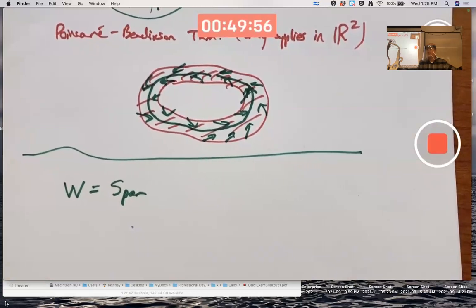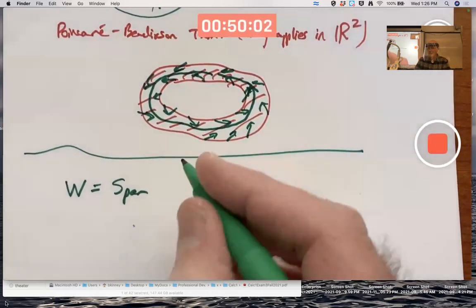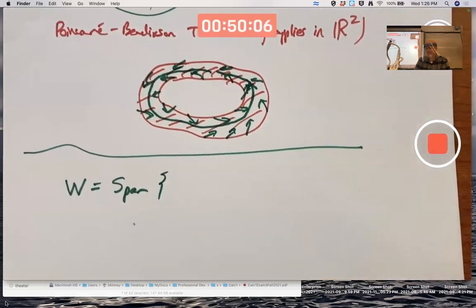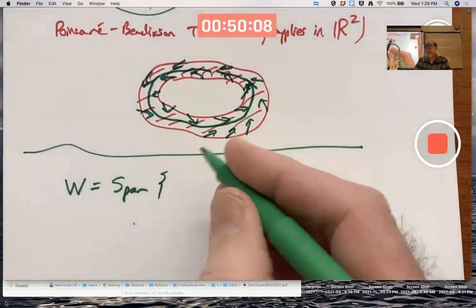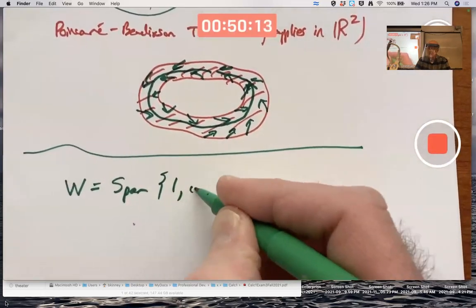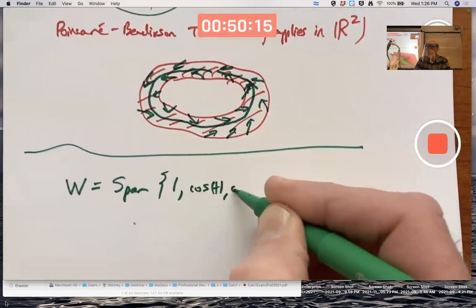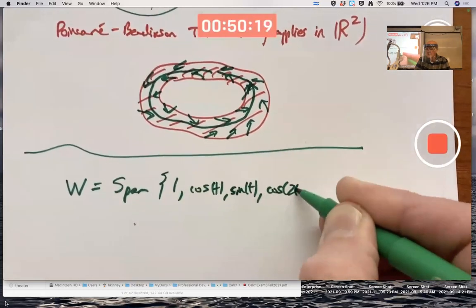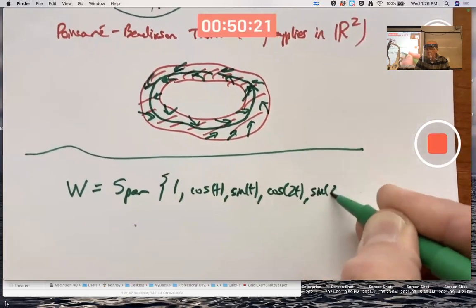That was Fourier's key insight, that that's a good idea. And as an example, leading toward that, I could let W be the span of the following. Let's go with 5 functions: 1, cos t, sine t, cos 2t, and sine 2t.